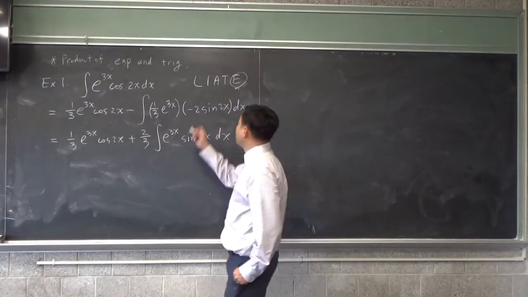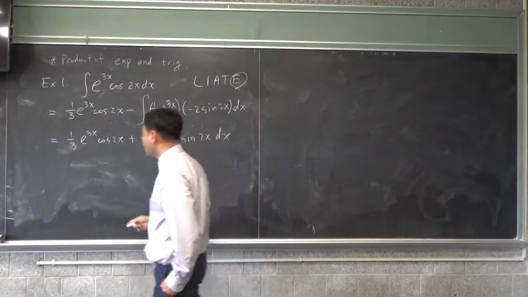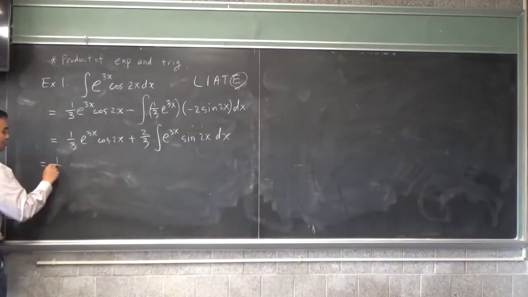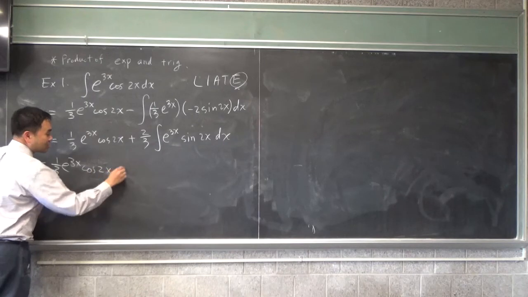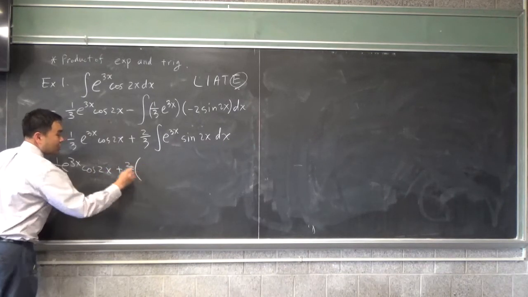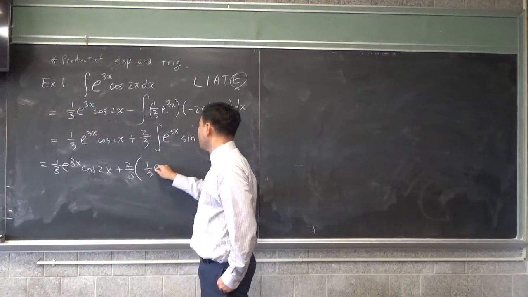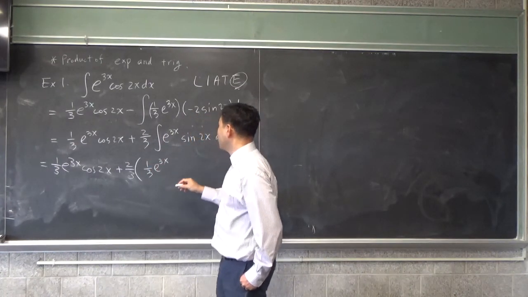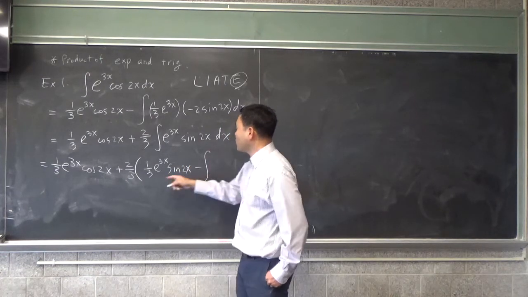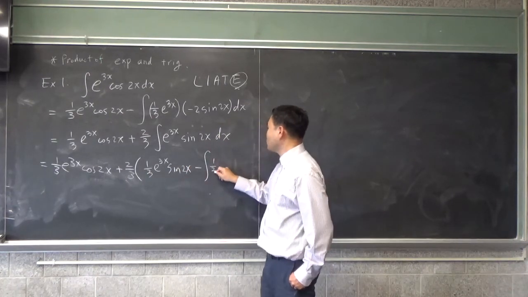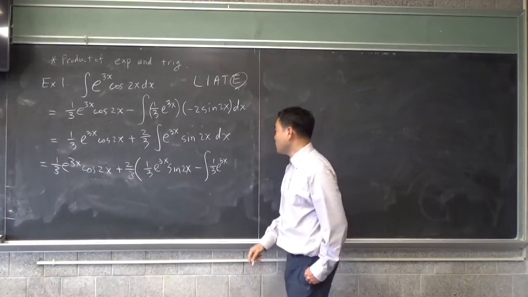And again, E is on the far right, so the exponential function should be the one that we integrate. 1/3 e to the 3x cosine 2x plus 2/3. If we integrate, this is 1/3 e to the 3x sine 2x minus whatever you integrated, it goes inside the integral unchanged. The one that you didn't integrate, you have to differentiate.